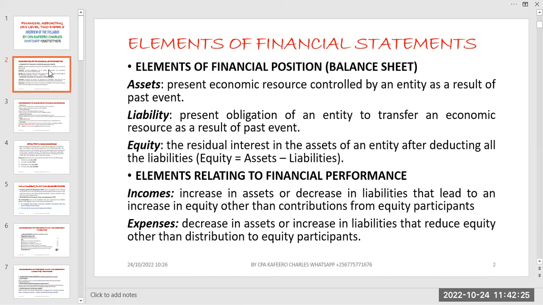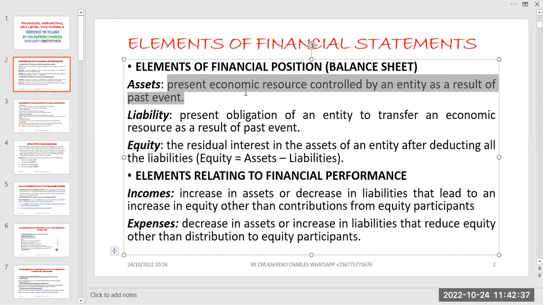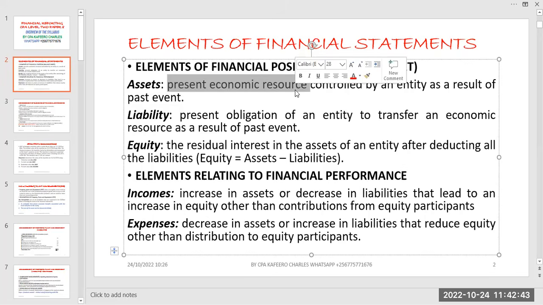One, we have the assets. Within the definition of assets, you will see mainly there are three items that you need to focus on whenever you are defining an asset as per the revision that was made.